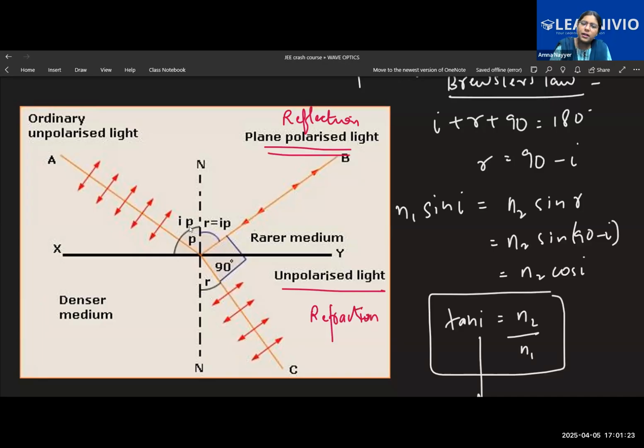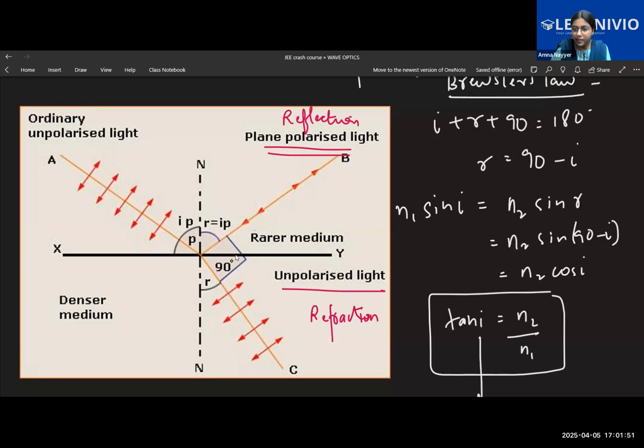This angle of incidence is also called the angle of polarization, and this is the angle of refraction. But what's the speciality about this? Why are we studying this? These are normal laws of refraction and reflection. So why are we studying this separately? Brewster gave a law. He said that the angle between the unpolarized light and the polarized light is what?